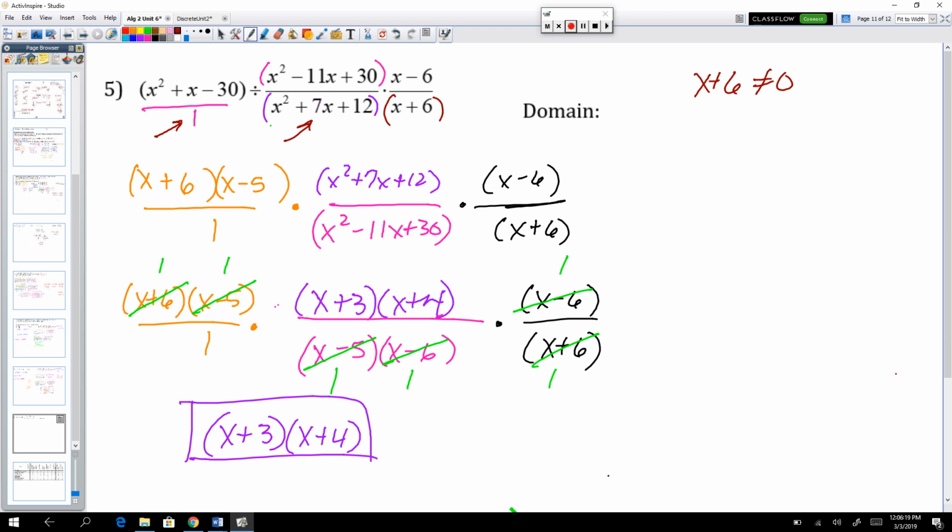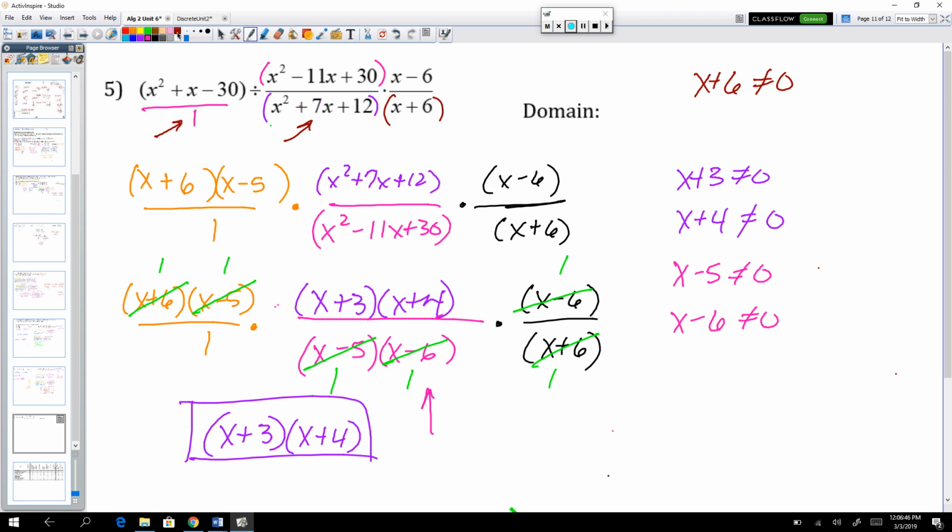We want to take a look at the purple because it was originally on the bottom. So for the purple, x plus 3 cannot equal 0, and x plus 4 cannot equal 0. And then, of course, the pink ended up on the bottom. So x minus 5 cannot equal 0, and x minus 6 cannot equal 0.